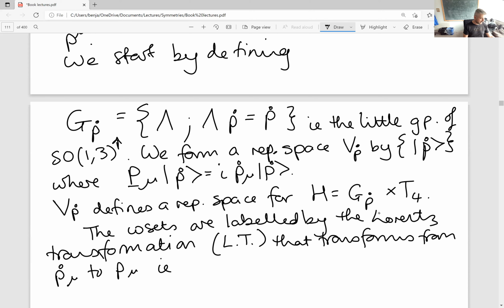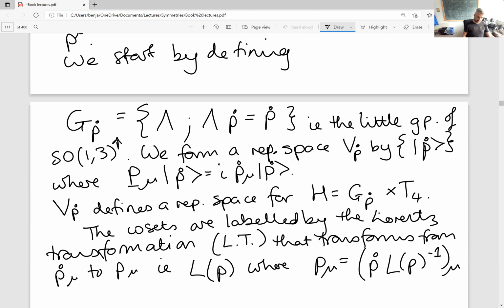In other words, we're going to call this L, so it'll be a function of P, where it's defined in the following way. P mu is P dot times L of P to the -1, the muth component of that.